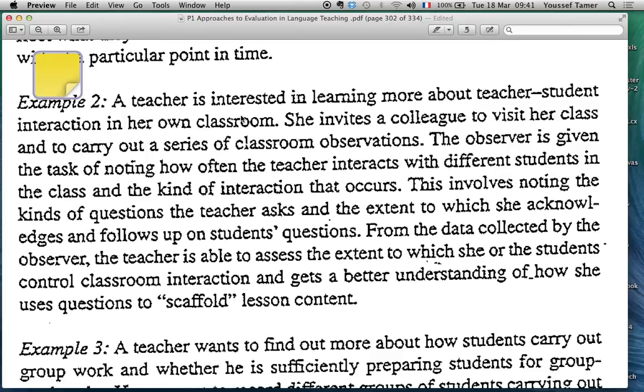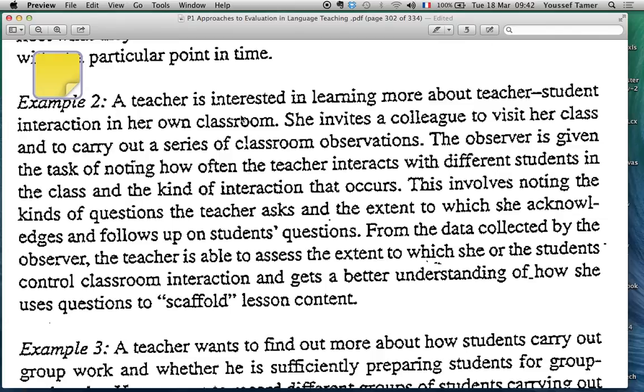So what's the story here? Teacher survey, teacher interaction. Studying or investigating student-teacher. Now what's the problem? What's going on? The teacher wants to see who's controlling the teacher-student interaction, and how better scaffolding can control the process by which the learners are going further in the class.